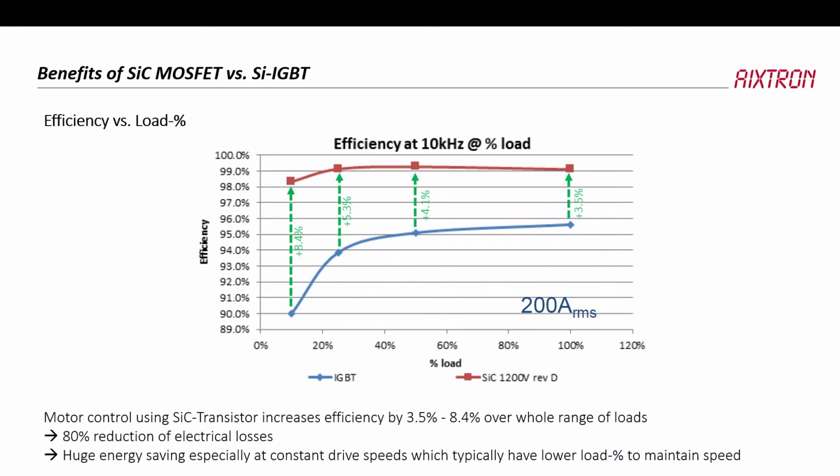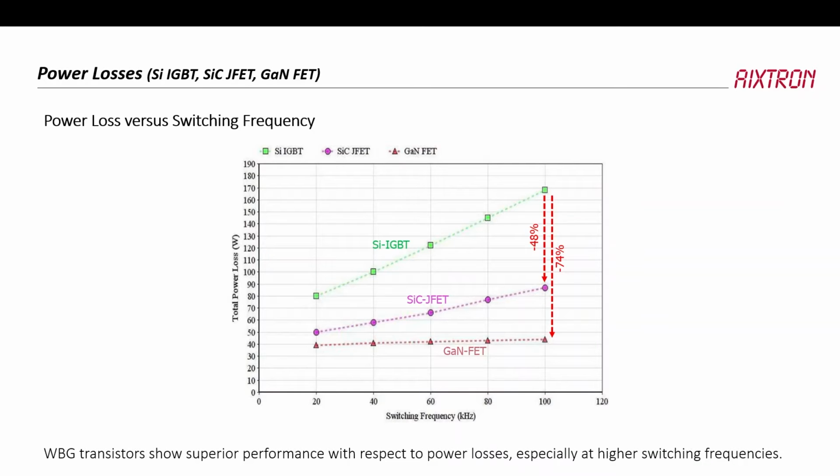Another example, when we go to the switching frequency from, let's say, 20 to 100 kilohertz, and we compare the different technologies. This is the total power loss for comparable transistors: silicon transistor, silicon carbide JFET, and the gallium nitride FET.